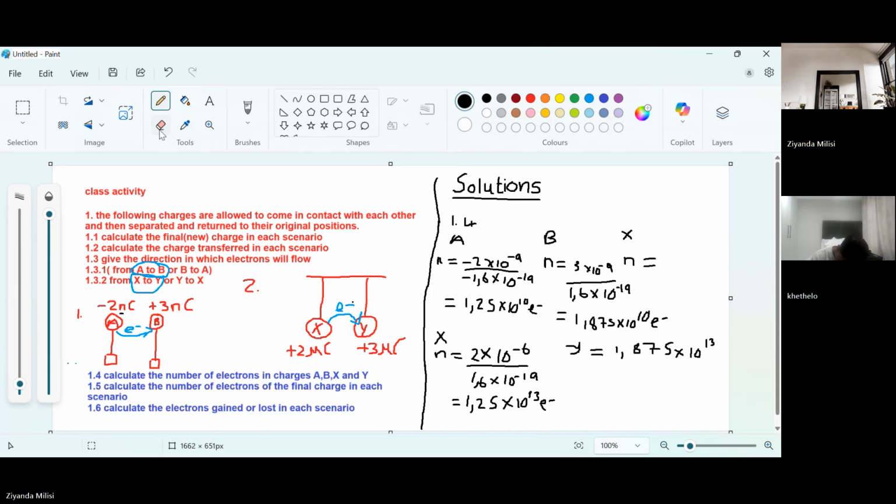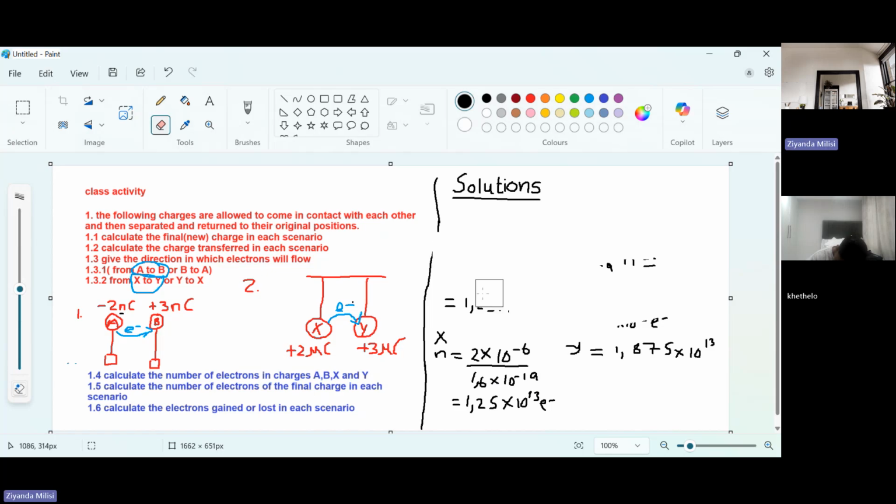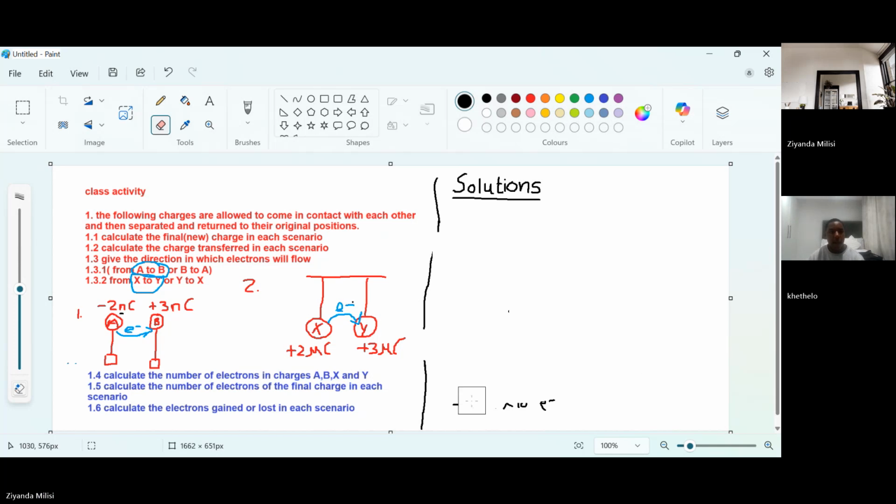Then let's do 1.5. Can you read for me the question for 1.5? Calculate the number of electrons of the final charge in each scenario. You remember the final charge in each scenario? We'll only have scenario 1, where we added A and B and divided by 2.